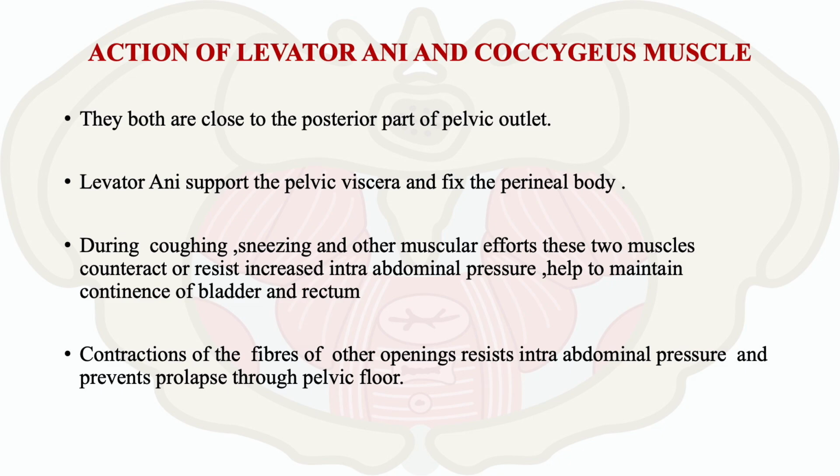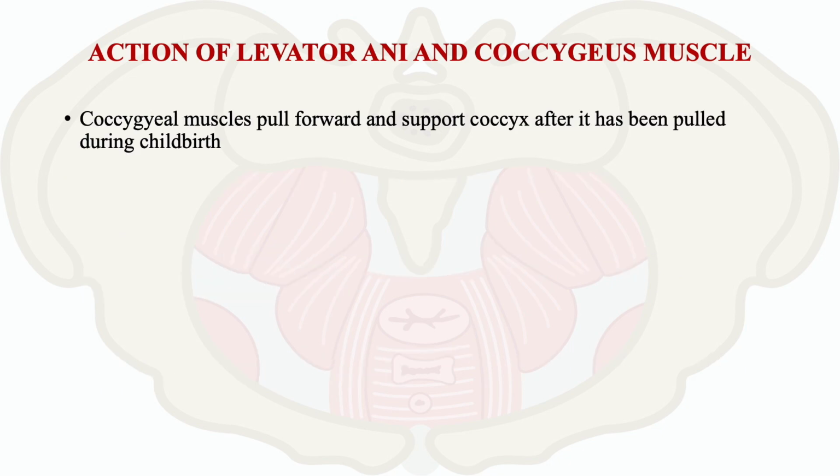The coccygeal muscle pulls forward and supports the coccyx after it has been pressed backward during defecation or during childbirth.